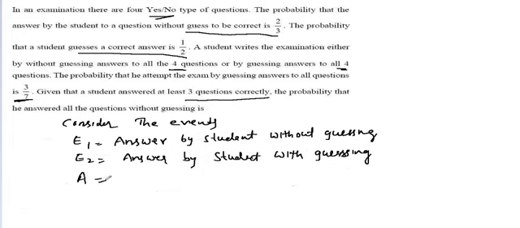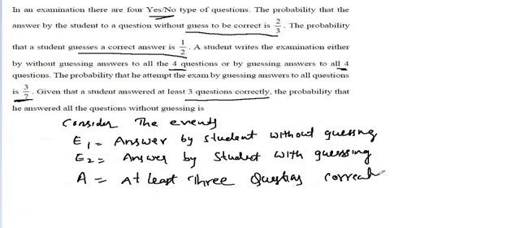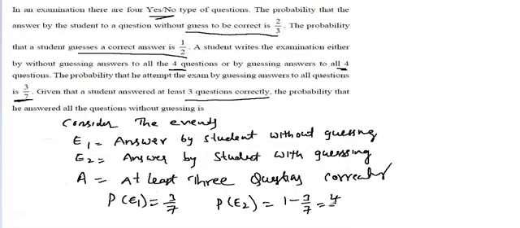And we take capital A as at least 3 questions correctly. So probability of E1, answer by a student without guessing, is given as 3 by 7. And probability of E2, with guessing, is 1 minus 3 by 7, that is 7 minus 3, 4 by 7.